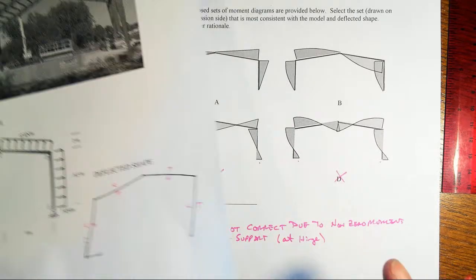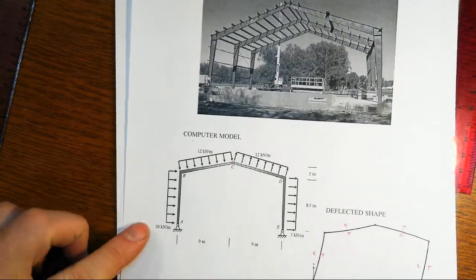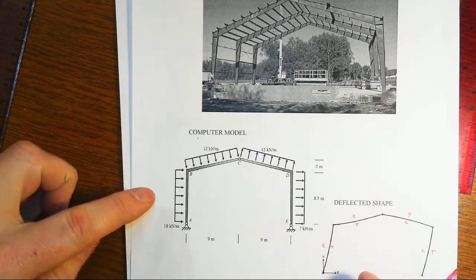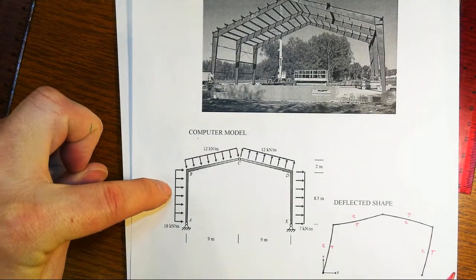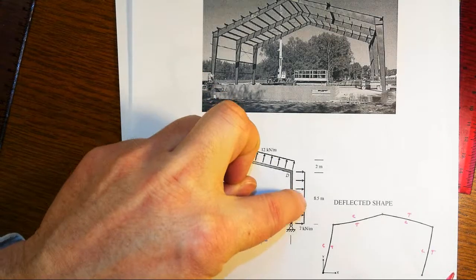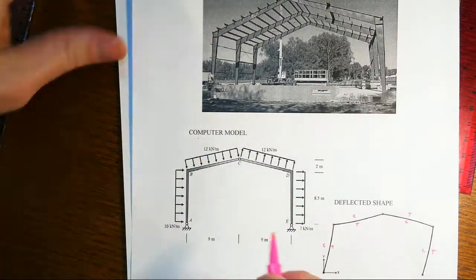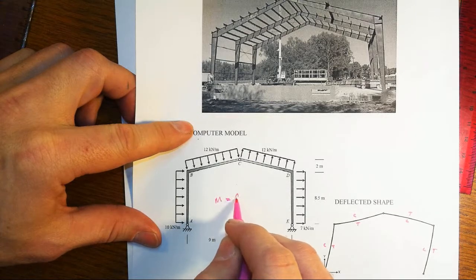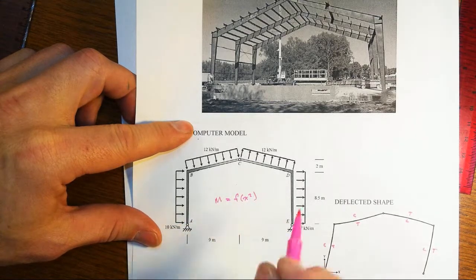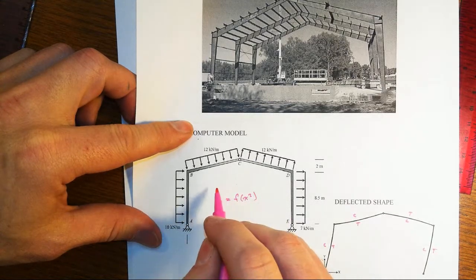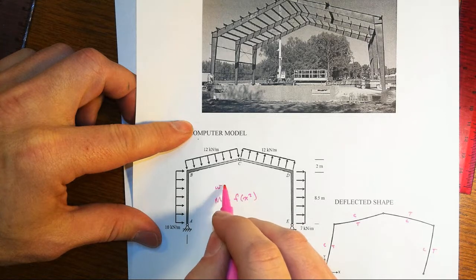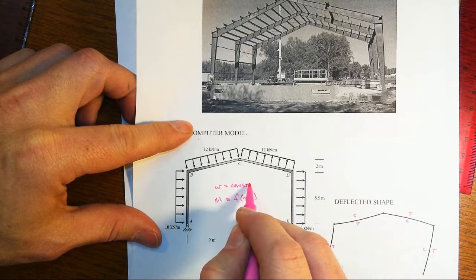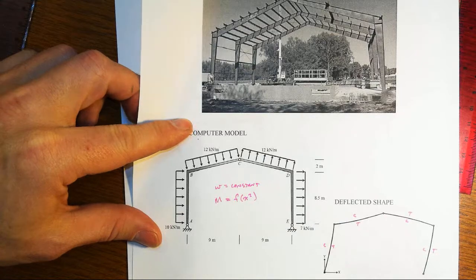And then we come back and we say, well, this looks like a pretty complicated loading situation, but note here we've got uniform load, uniform load, uniform load, uniform load. That means with uniform load that the moment is going to be a function of x squared. It's going to be a parabola. It's not going to be a straight line, all due to W being constant in the member. Right?